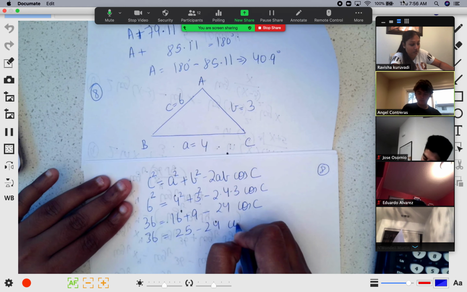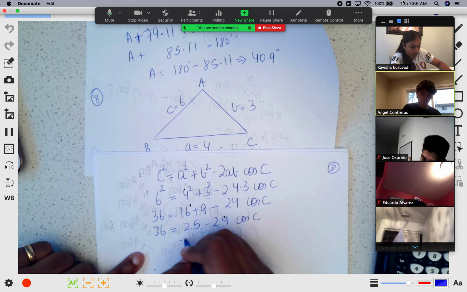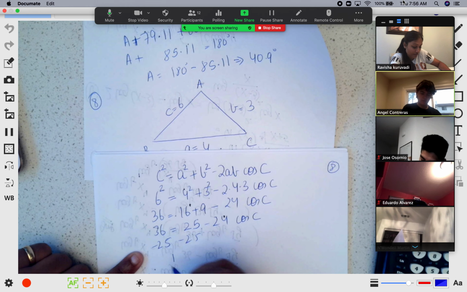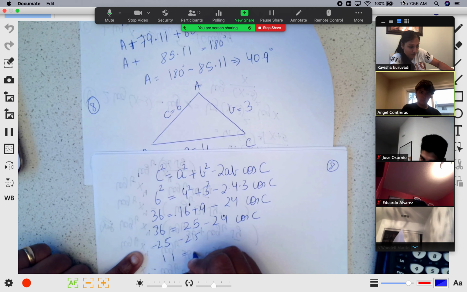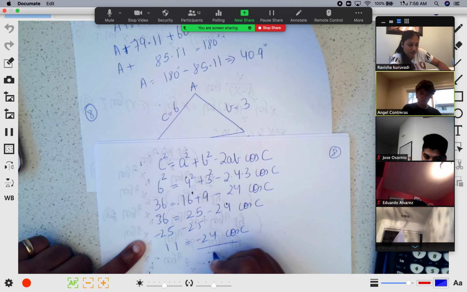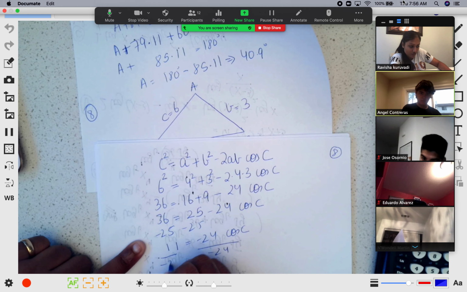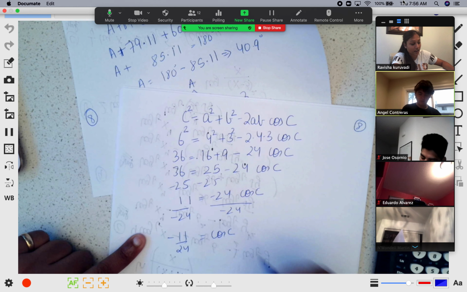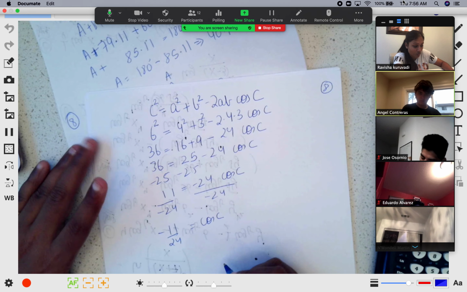Now we need to isolate cosine C. So you subtract 25 from both sides. You get 11 is equal to negative 24 cosine C. I divide by negative 24. You get negative 11 over 24 is equal to cosine C. Now I need to find C, so I take cosine inverse on both sides.